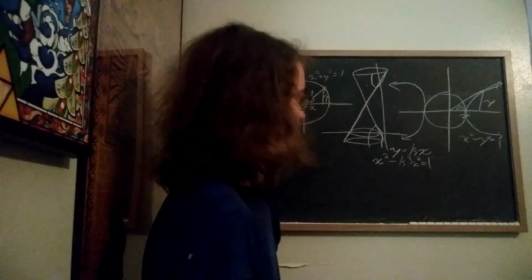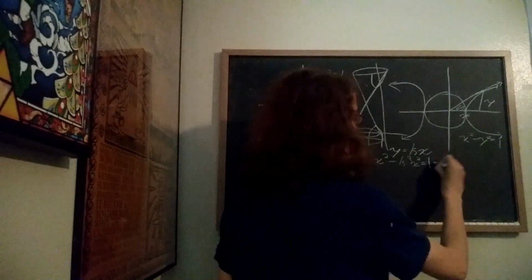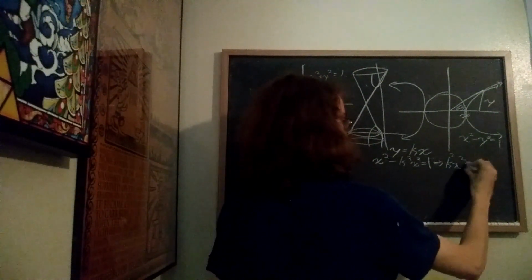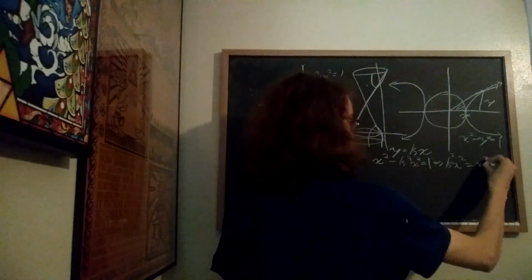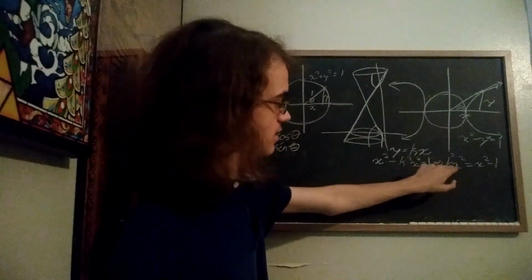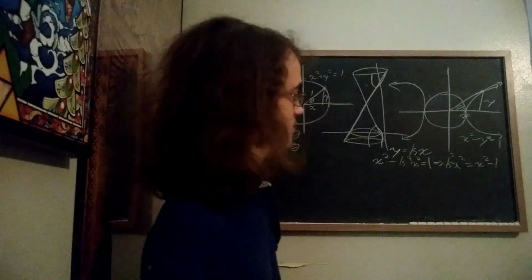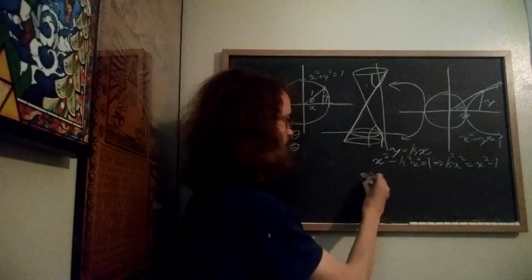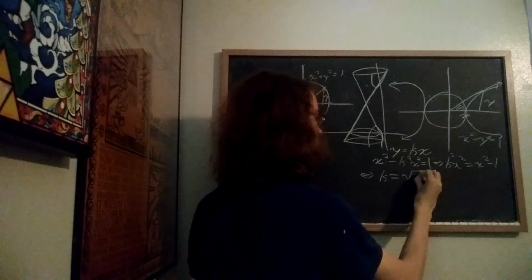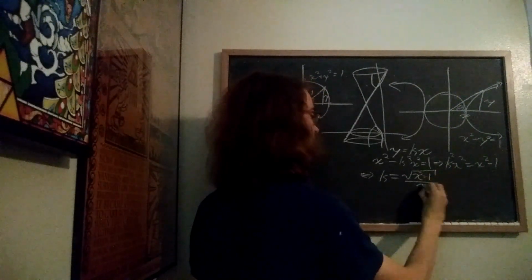Now all we have to do is isolate the k. So we just bring that over here, and then bring the 1 onto the other side. And we would just have to divide the x squared over by both sides, and let's just take the square root. And we get that k is equal to the square root of x squared minus 1, over x.